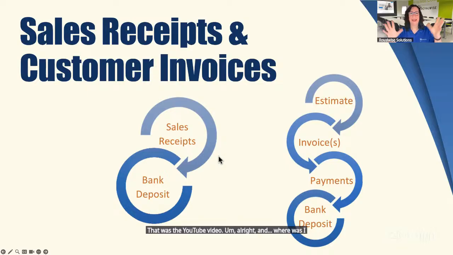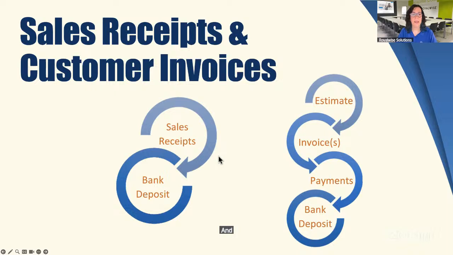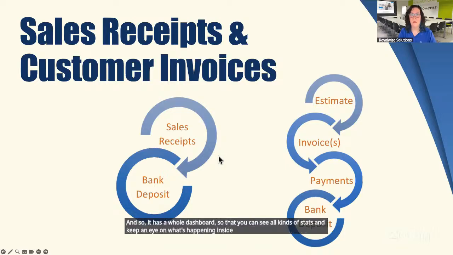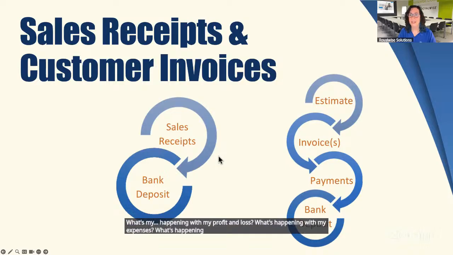Okay, so this is the brand new QuickBooks interface, which is being released right now. Yours may not look like this yet, but it will within a month or so. It has a whole dashboard so that you can see all kinds of stats and keep an eye on what's happening inside your company: what's happening with my profit and loss, my expenses, my cash flow.